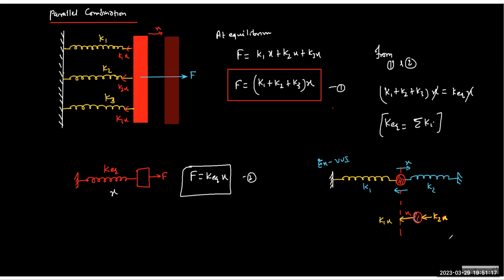So imagine if I give you only K1 or only K2, will it be easier compared to when I give you both, or is it difficult when I give you both? The movement will be now more difficult or easier? Easy, common sense.